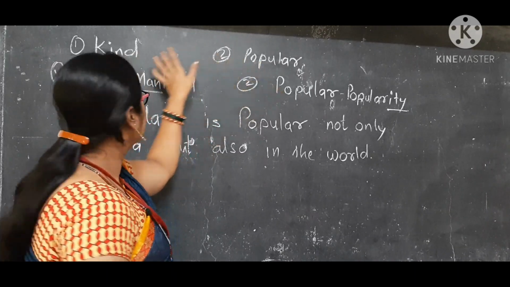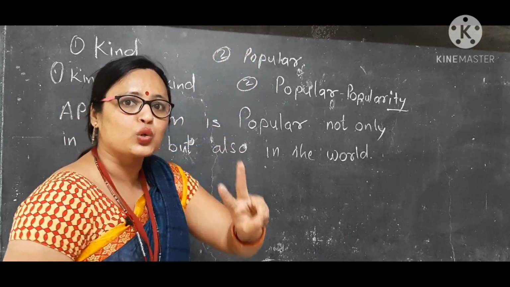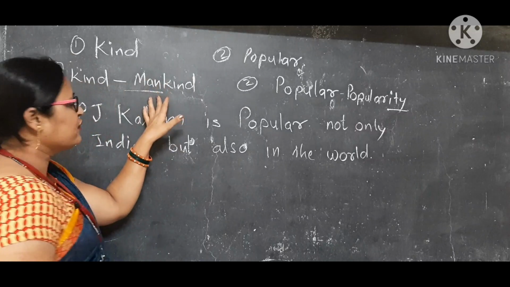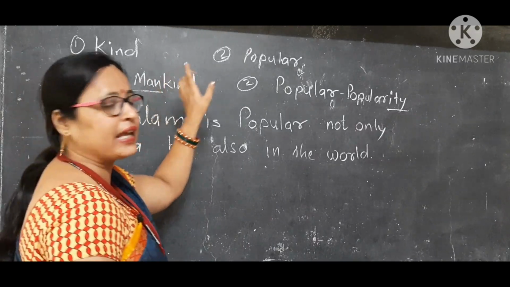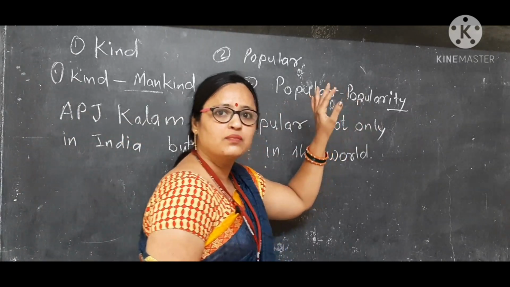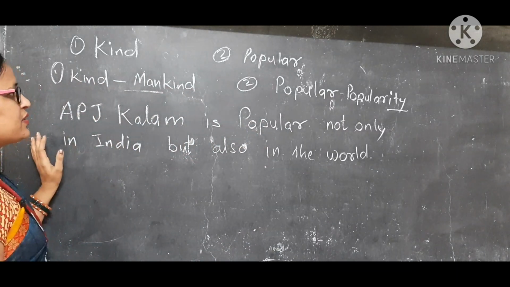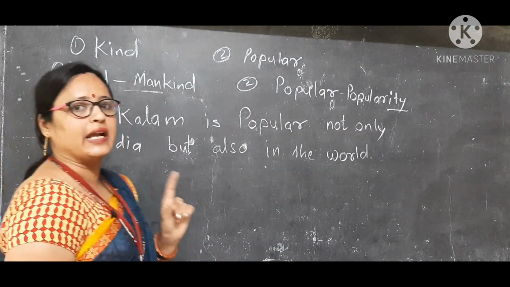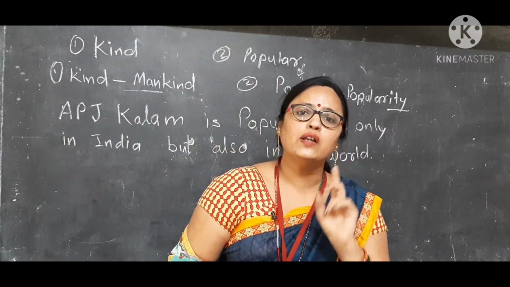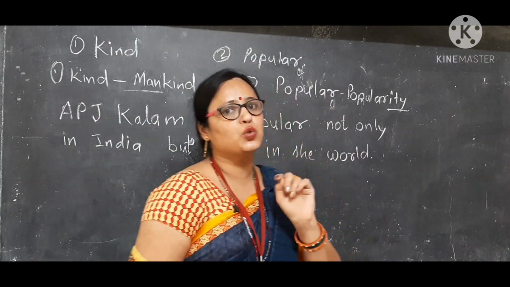Kind and popular, these are two root words. In one I inserted a prefix, in one I inserted a suffix. Thereafter I have to make a sentence by using one of the root words.